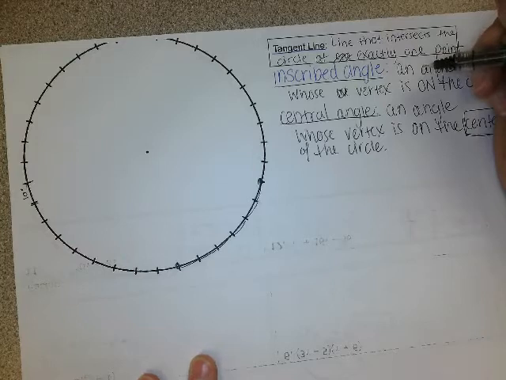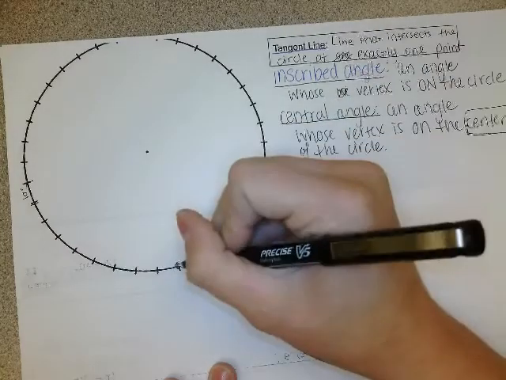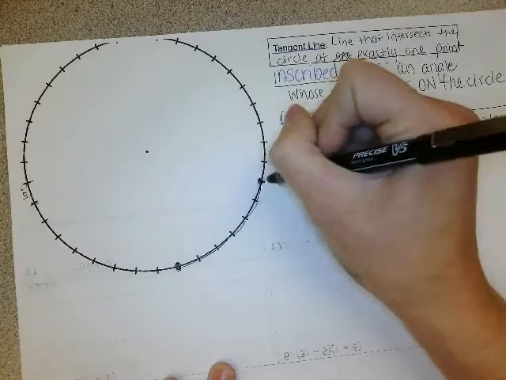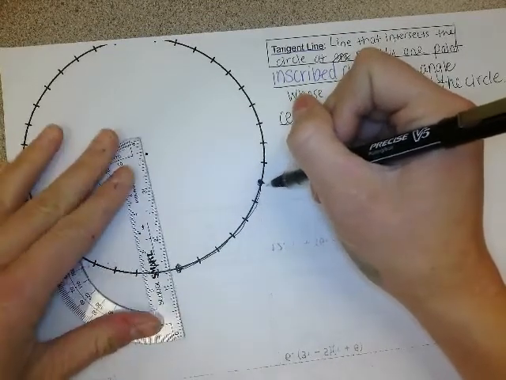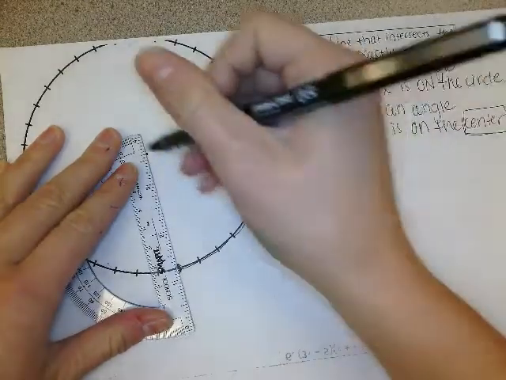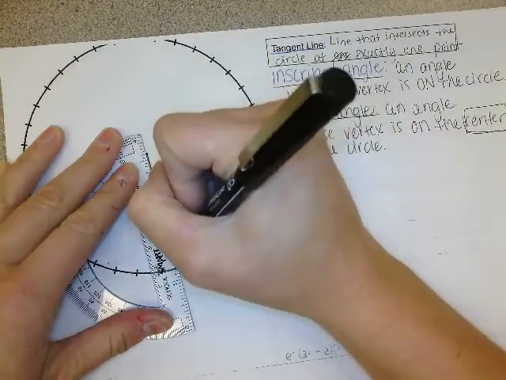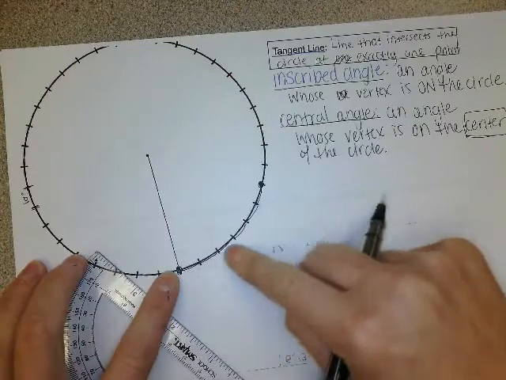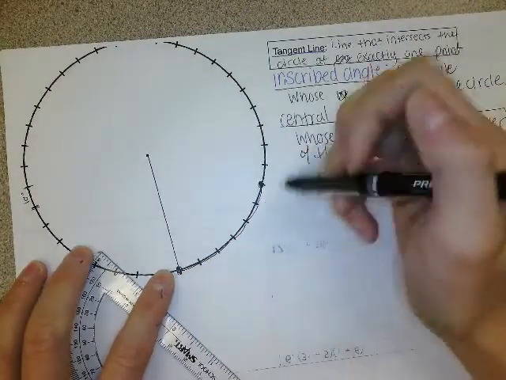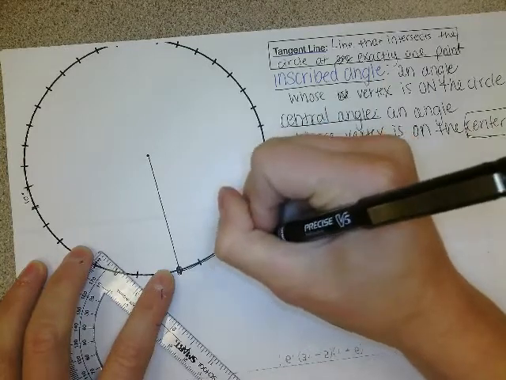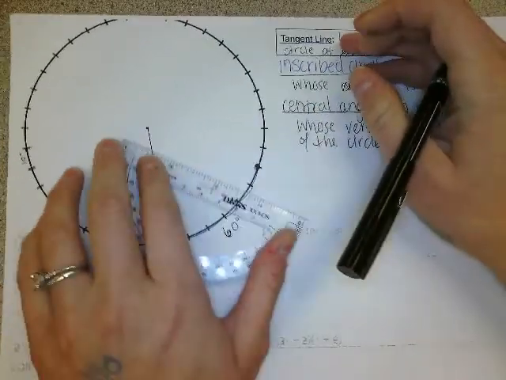I'm going to make sure that my angle ends here and here. So I'm going to go from here to the middle, because these are in 10 degree increments. So if I want a 60 degree angle, the angle is equal to the arc.